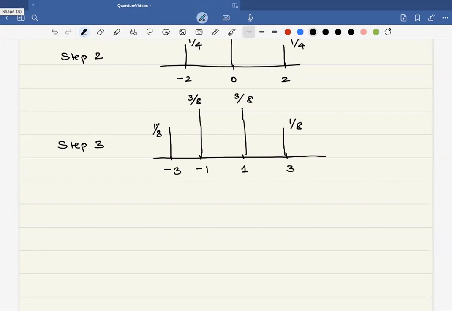So this is the probability distribution of the walker in 3 steps.